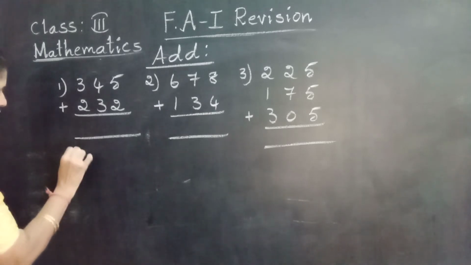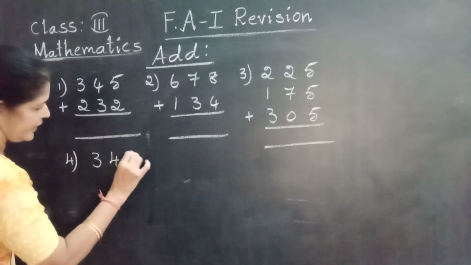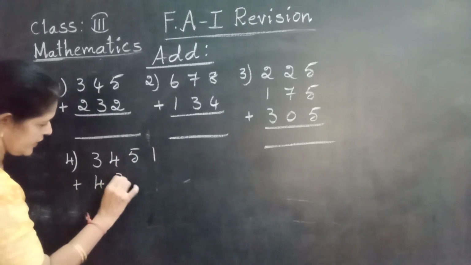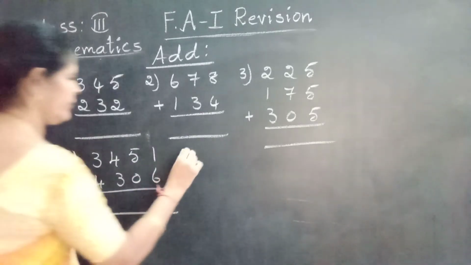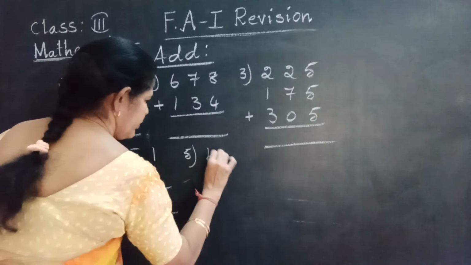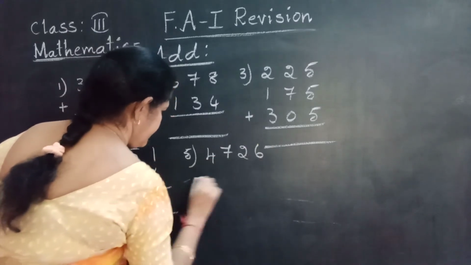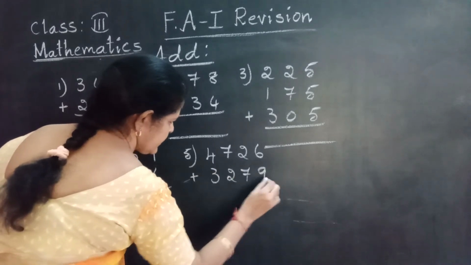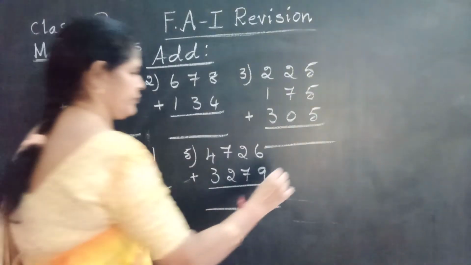Next, fourth one, 4-digit numbers: 3,451 plus 4,306. Fifth one, 4,726 plus 3,279. Note down, copy down, my dear children.